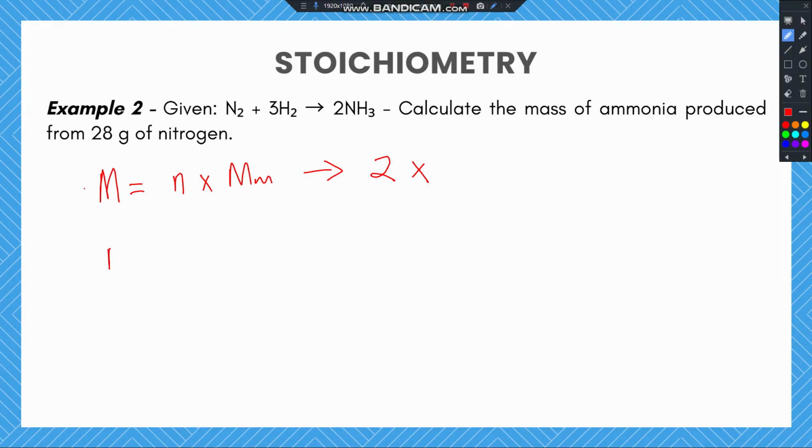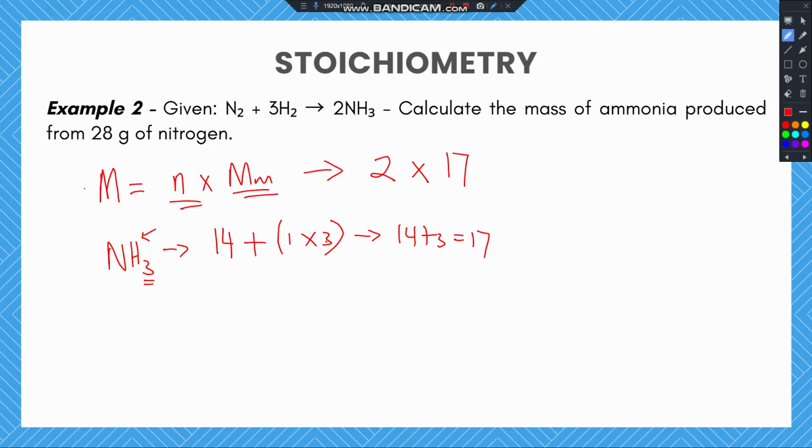Ammonia is NH3. The molecular mass becomes 14 plus hydrogen, which is 1 multiplied by the subscript of 3. 1 times 3. So basically we have 14 plus 3, which gives us 17. So therefore we have 2 multiplied by 17, moles times molar mass.